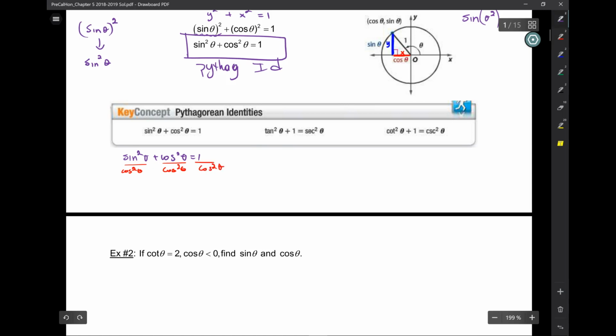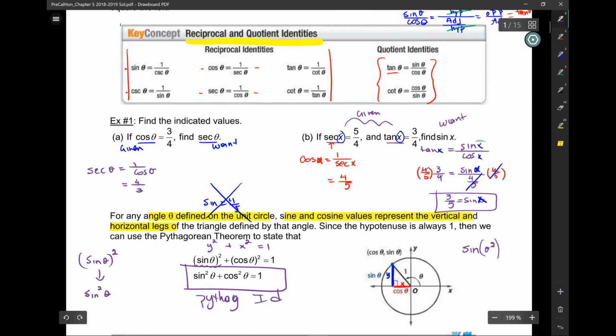Okay. What did we say sine over cosine was? Tangent. So look, sine over cosine is tangent. Sine squared over cosine squared, tangent squared. Sine to the fifth over cosine to the fifth, tangent to the fifth. Okay?